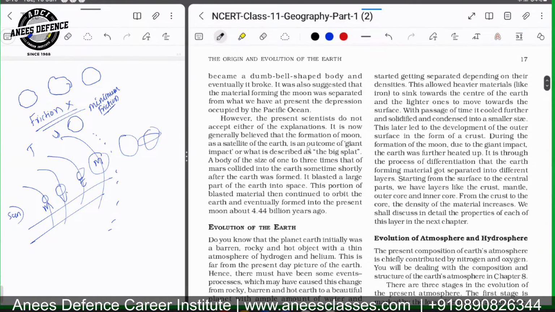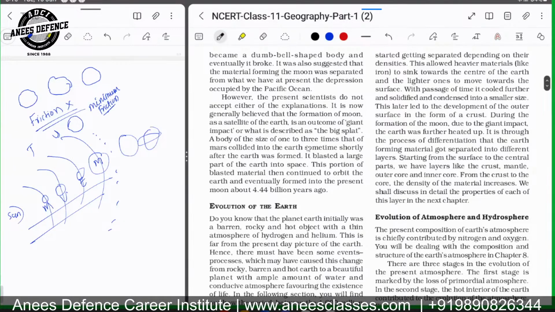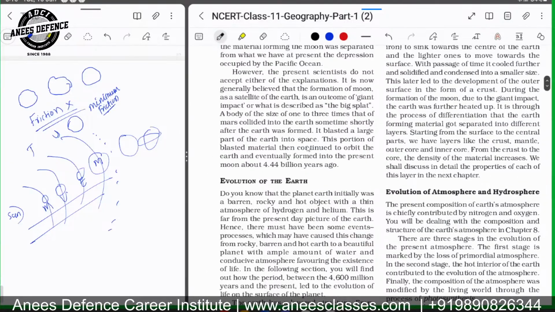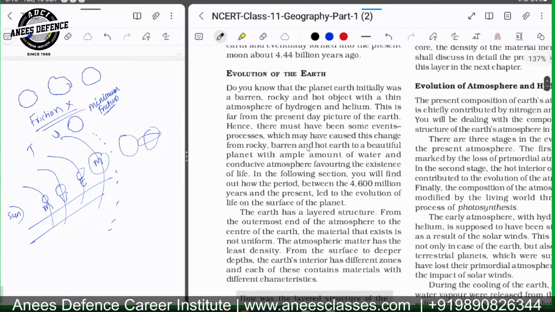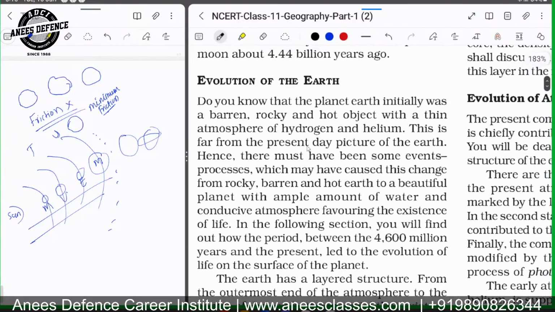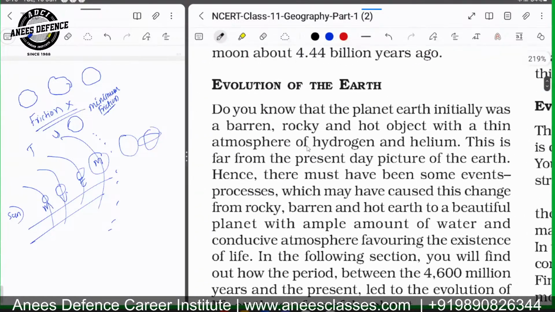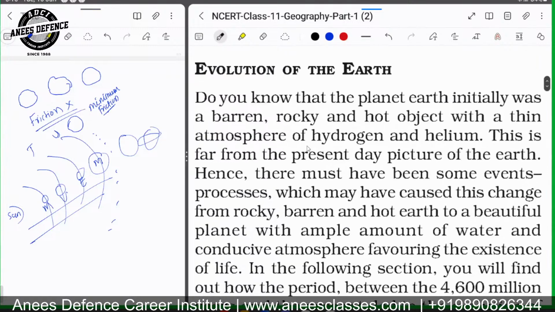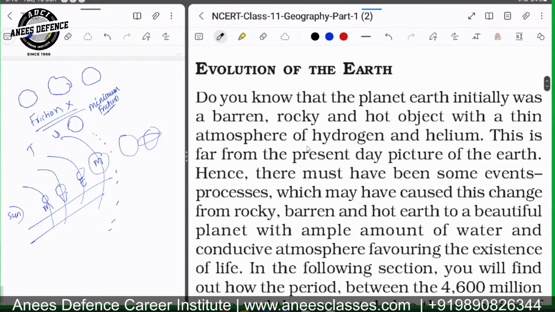So we'll be discussing the evolution of Earth now. Okay, this point, how our planet, that is Earth, evolved. Evolution of the Earth. Do you know that the planet Earth initially was a barren, rocky, and hot object with a thin atmosphere of hydrogen and helium?